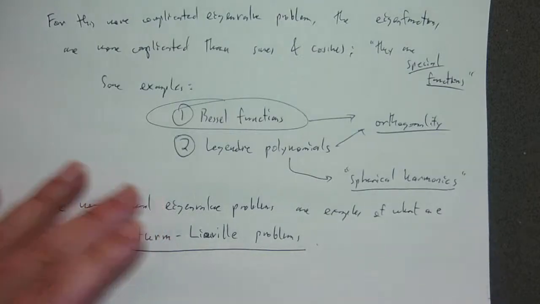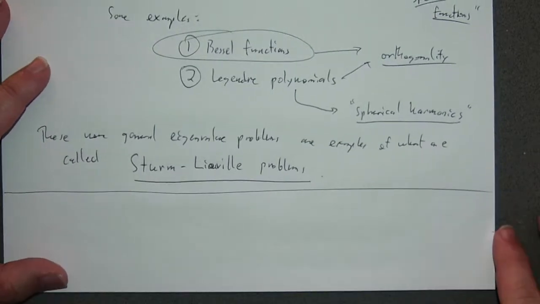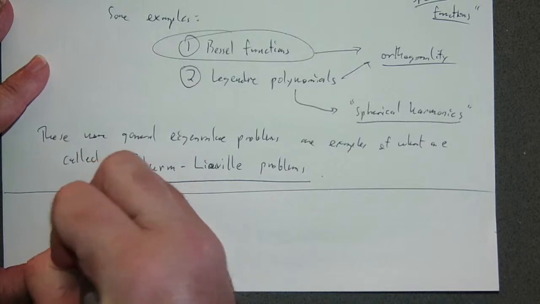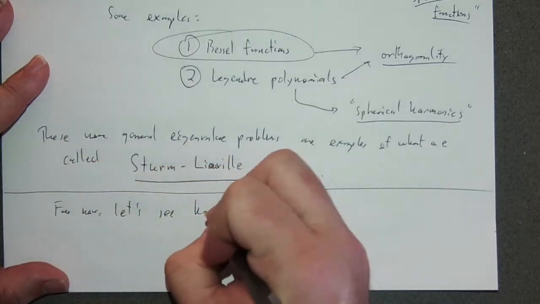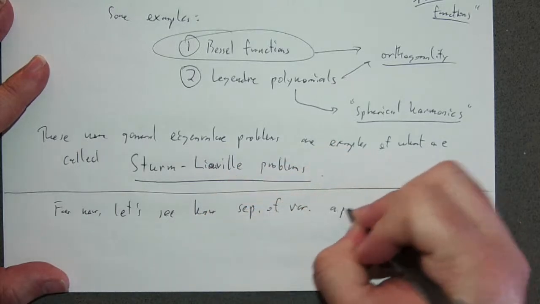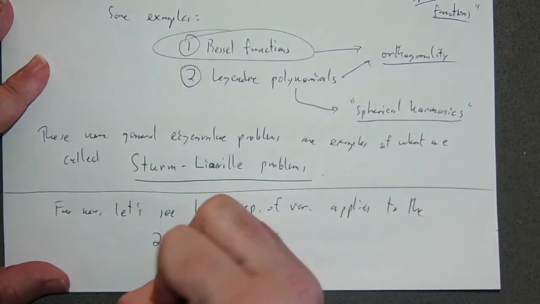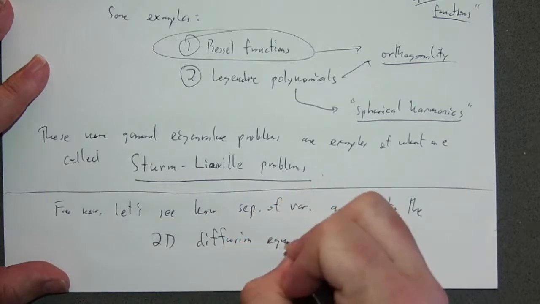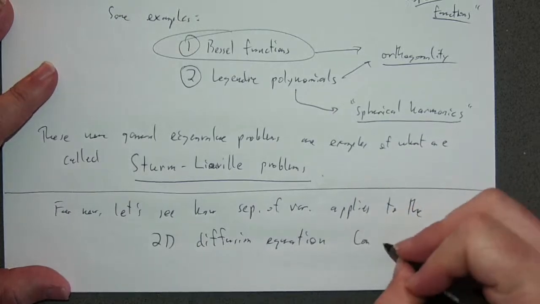Okay. All right, but for now, let's do a higher dimensional heat equation. So for now, let's see how separation of variables applies to the 2D diffusion equation. And let's do this on a rectangle.